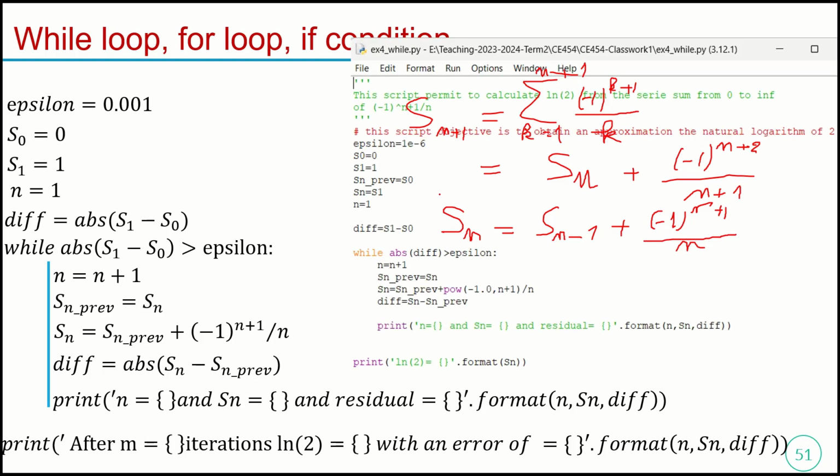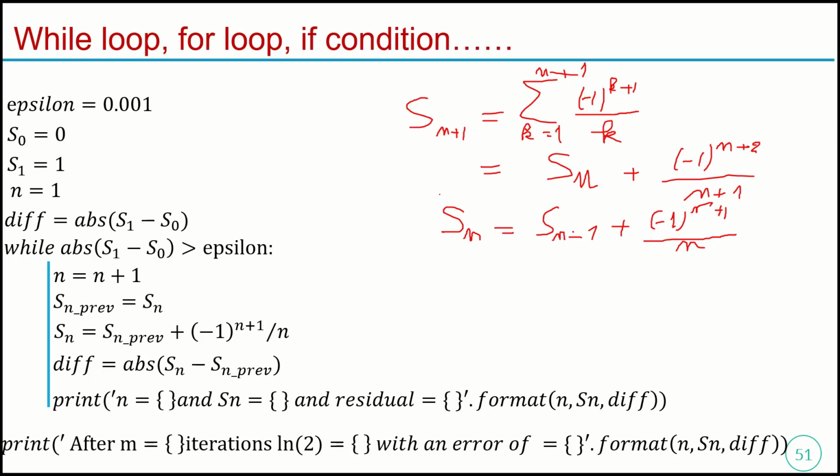So what you are seeing here is what you have here. I calculate the difference, the absolute value of S_{n+1} minus S_n, which is in reality this value, (-1)^(n+1) divided by n. And I'm printing the iteration, the S_n, and the residual, which is this difference.